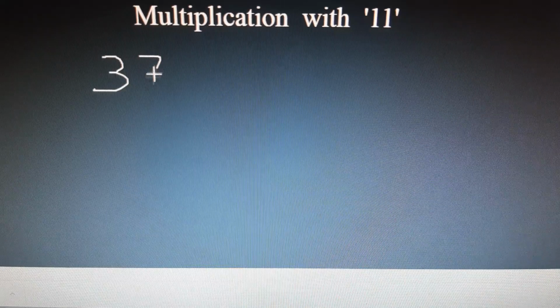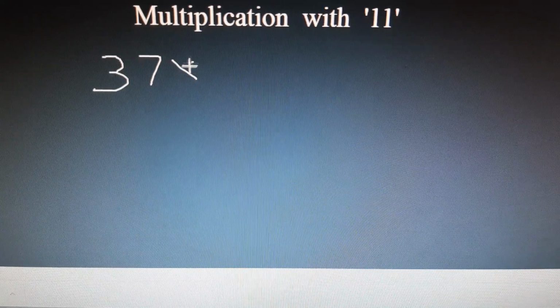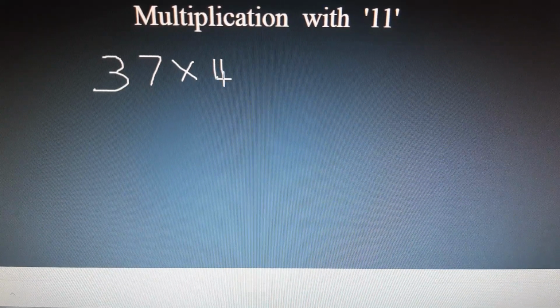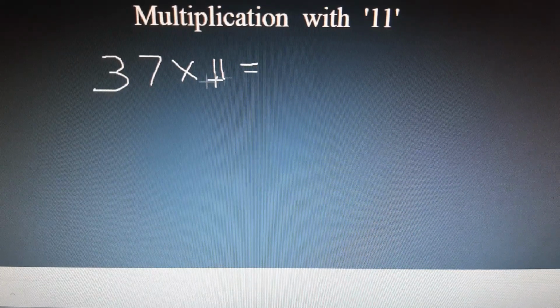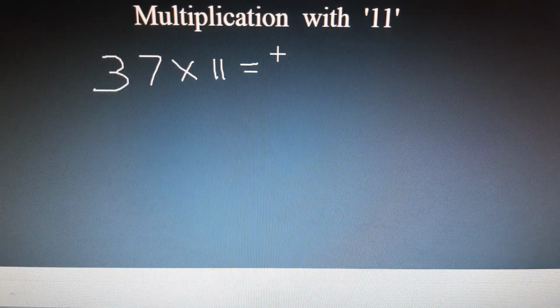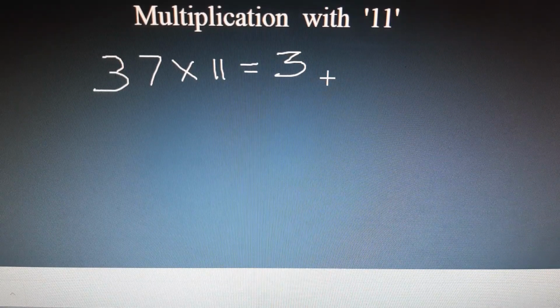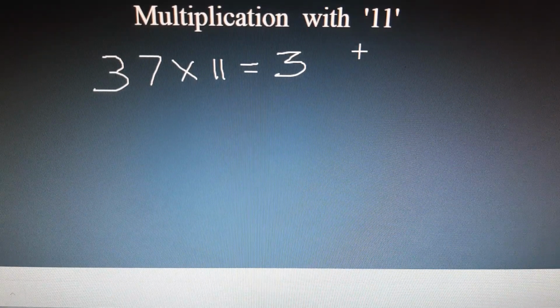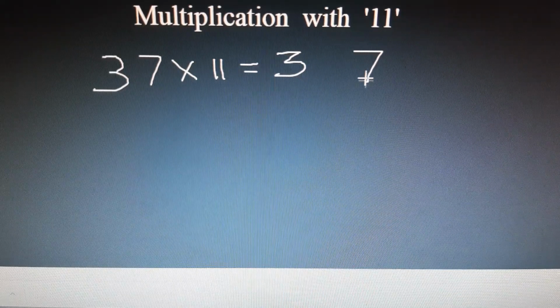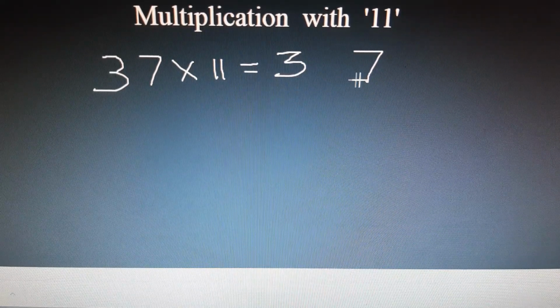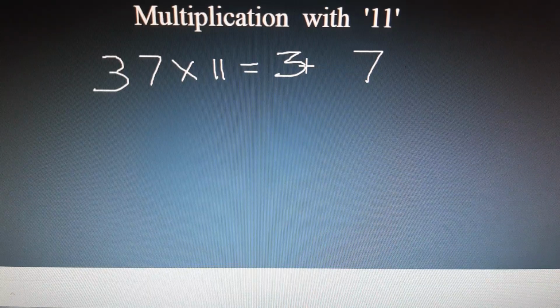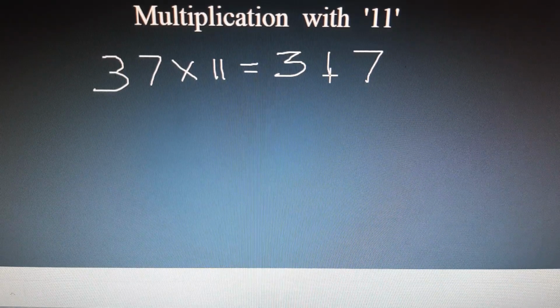Now that is 7 multiply by 11. So what is the first step is you have to write down 3 here. Second step is you have to leave the space, and the third step is you have to write down 7 here. Now you have to add both the figure. 7 plus 3 is 10.